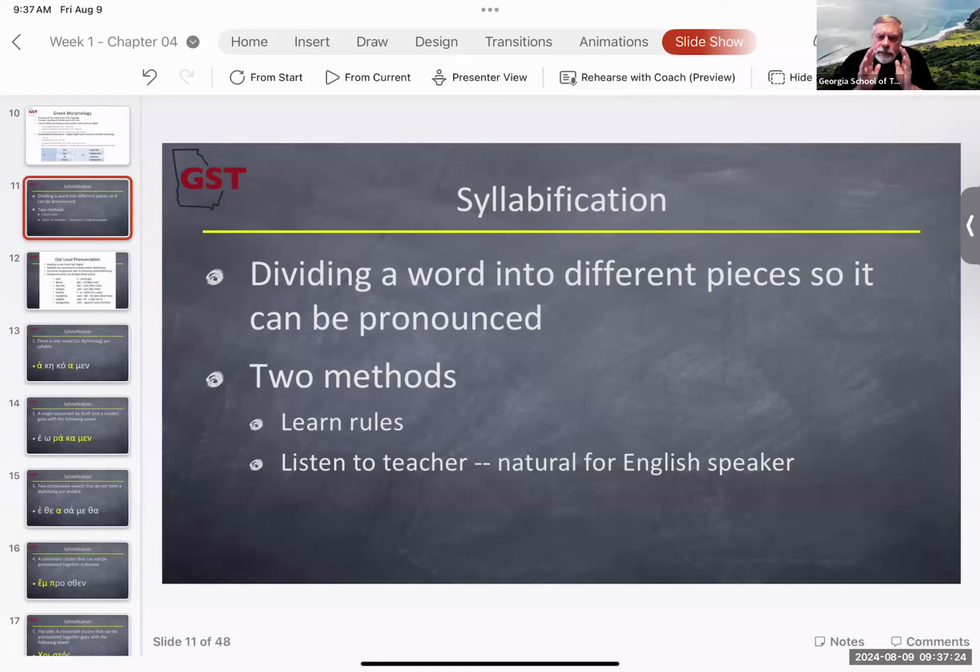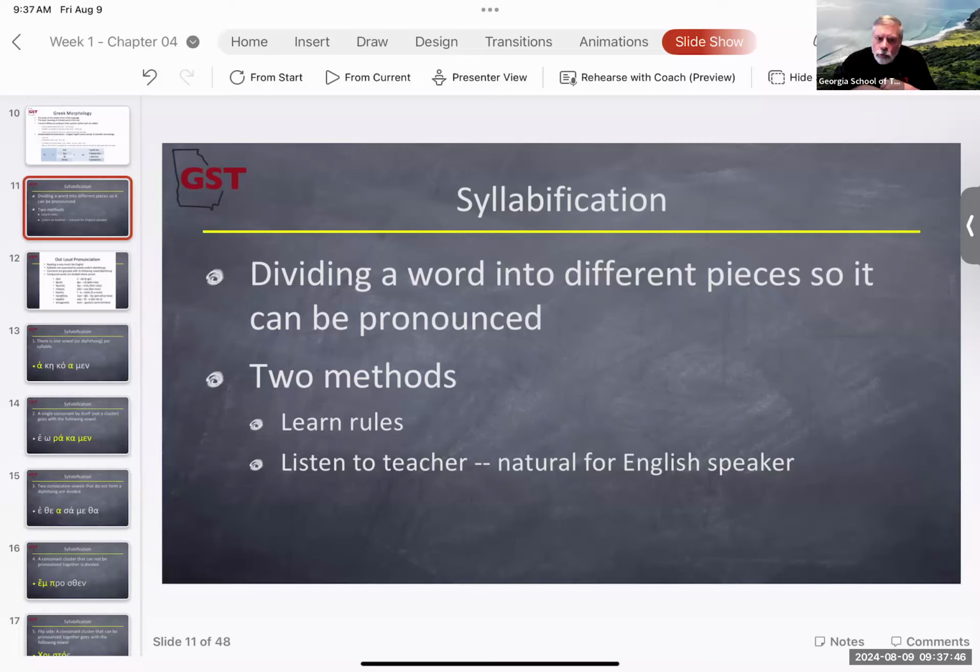And you do this naturally in English. I mean, you don't even think about it. Some words may be harder than others, and you have to sort of, oh, wait a minute. But generally speaking, you do it very naturally. And it can be just read naturally in Greek, just like once you learn the sounds for the Greek letters, you can read it the same way you read English, just very natural.